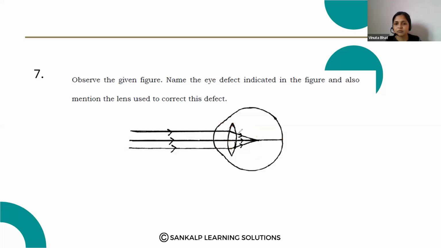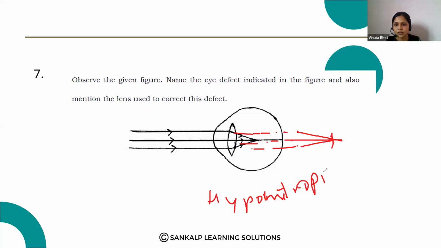Just for your reference, these rays will converge behind the retina like this. If it is like this, it is called hypermetropia.